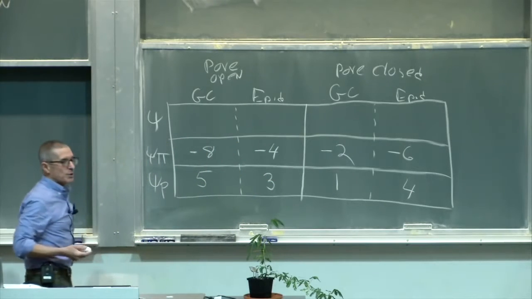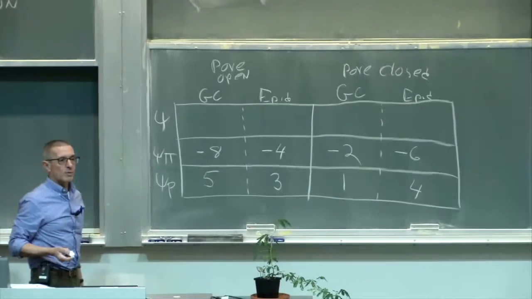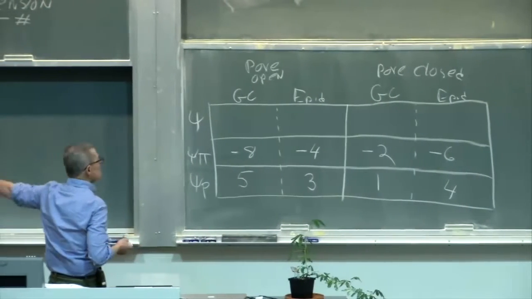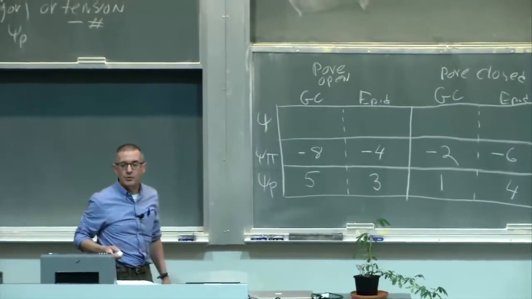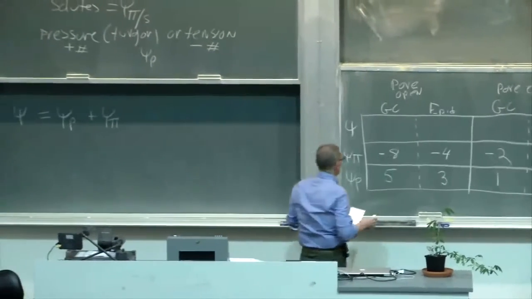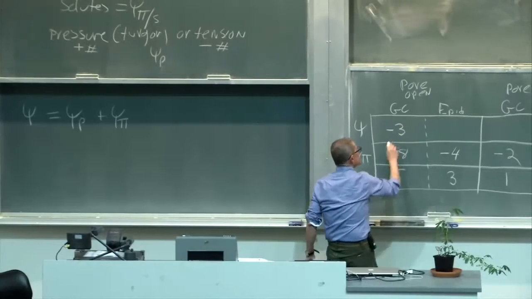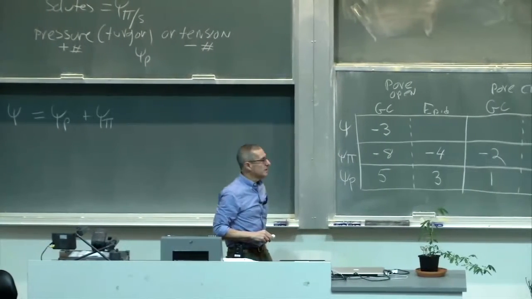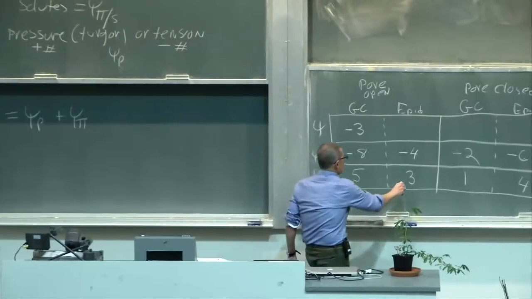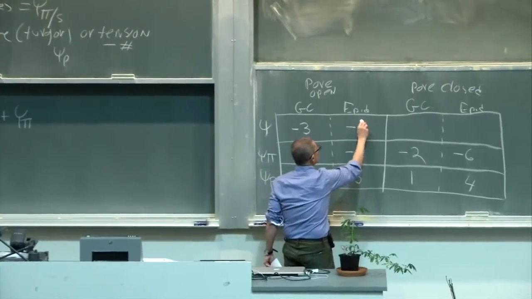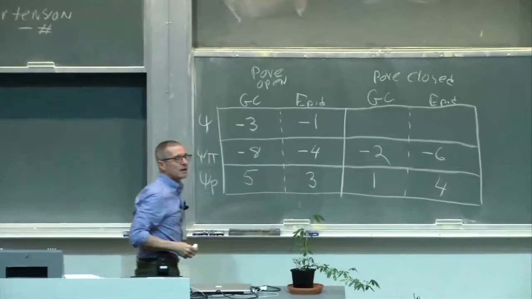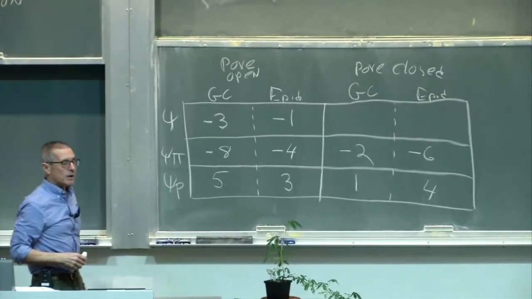Now we want to calculate the overall water potentials by putting these numbers into the equation to your right, or your left, sorry. With a 5 and a minus 8, the overall water potential of the guard cell would be minus 3. With a 3 and a minus 4, the overall water potential of the epidermal cell would be minus 1.